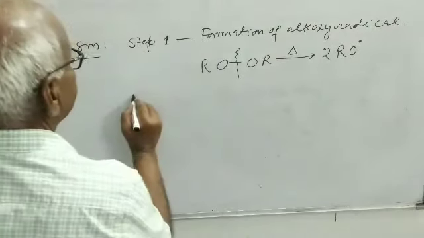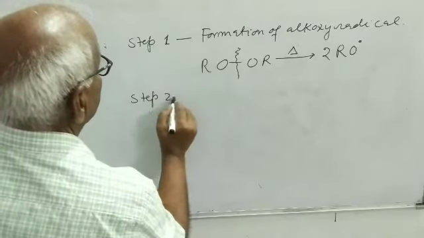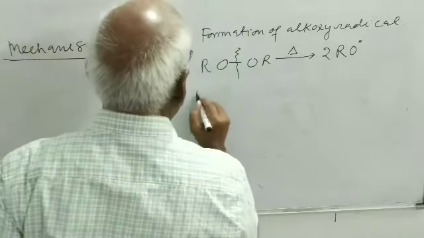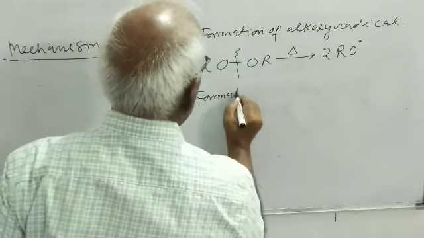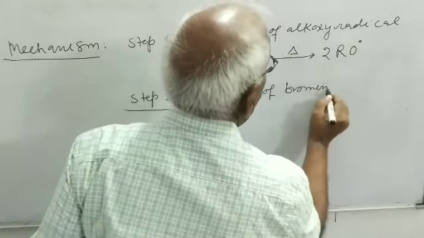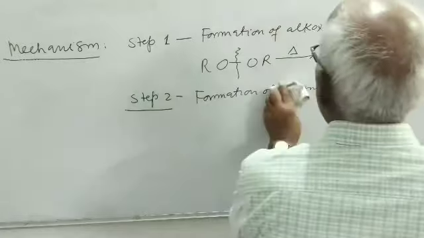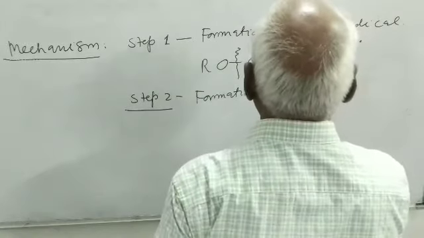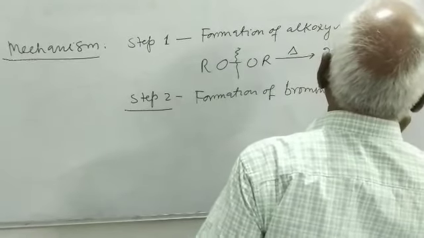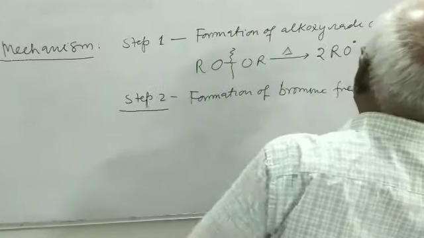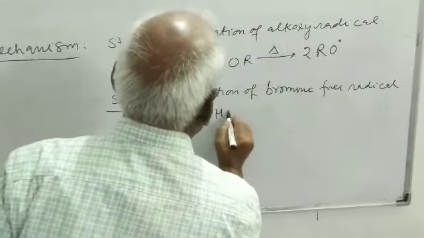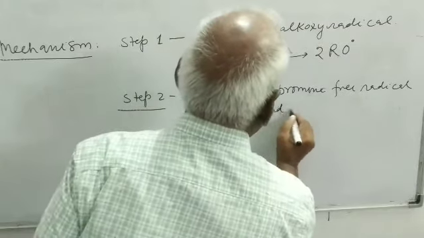Step 2, formation of bromine free radical from HBr and RO.